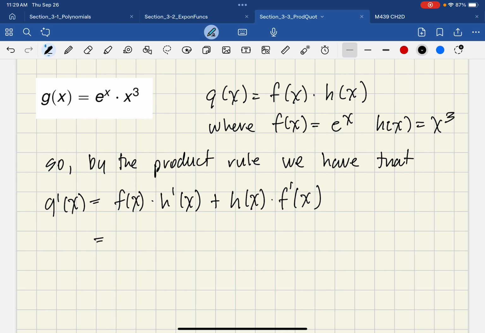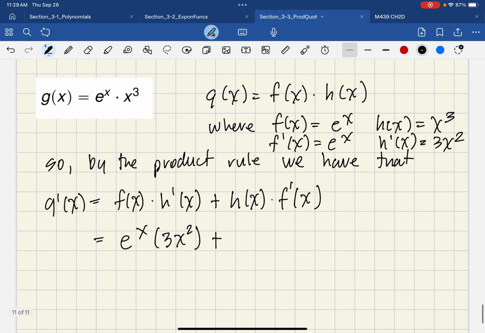So let's just think about this. f of x is e to the x, so it would be e to the x. h prime of x, let's write that down. h prime of x is going to be 3x squared. And f prime of x is going to be e to the x. So h prime of x is 3x squared. Plus, let's see, h of x, which is x to the third, times f prime of x, which is e to the x.